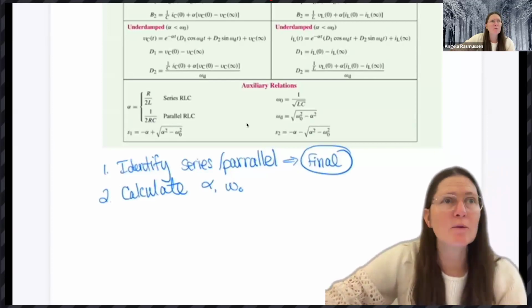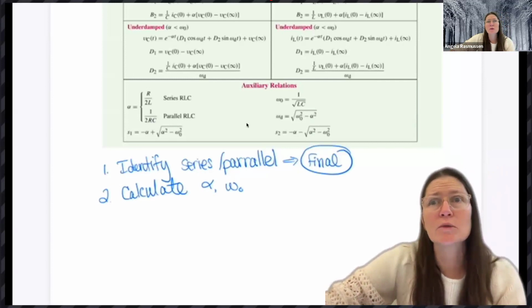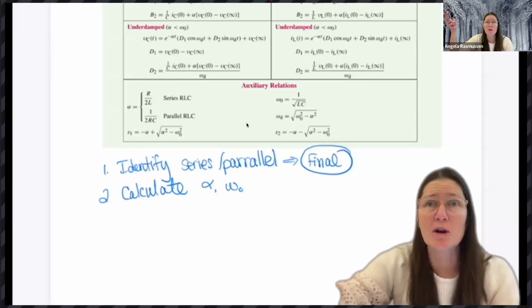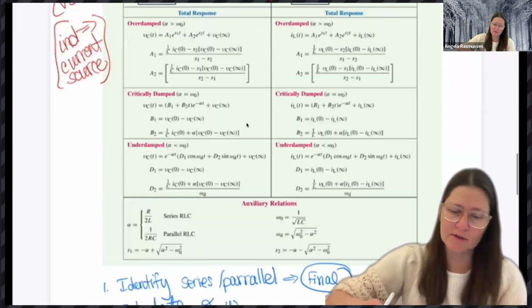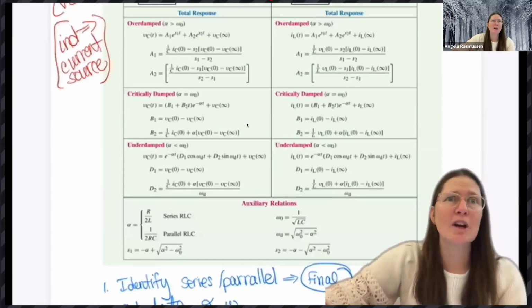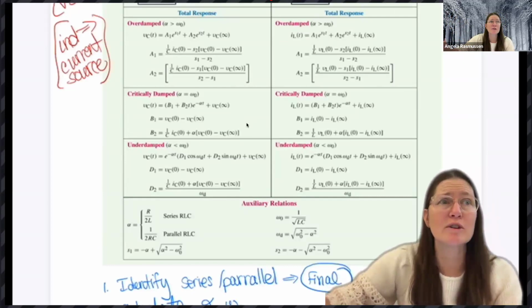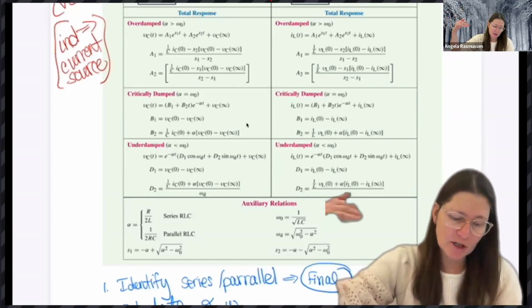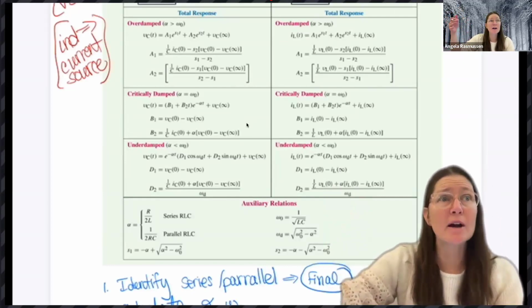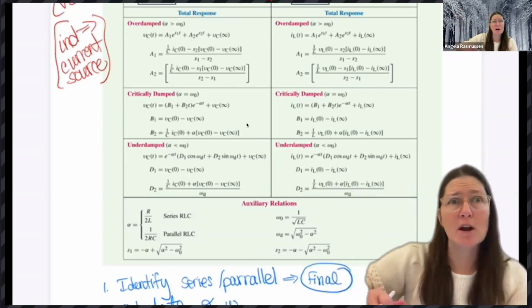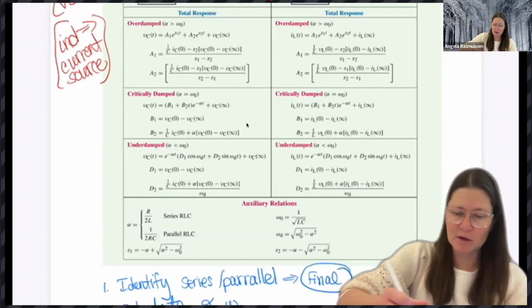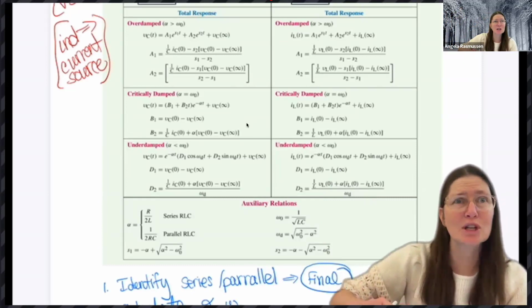What do you think we need to do next? First, we needed to know if it is series or parallel. Now, what do we need to know to solve this? Correct. We need to know the damping stage. Is it overdamped, critically damped, or underdamped? So we're going to compare alpha to omega naught, and that will help us determine which of these boxes we're going to use.